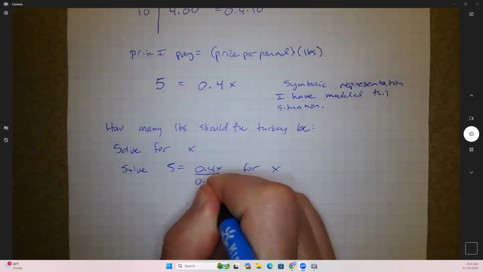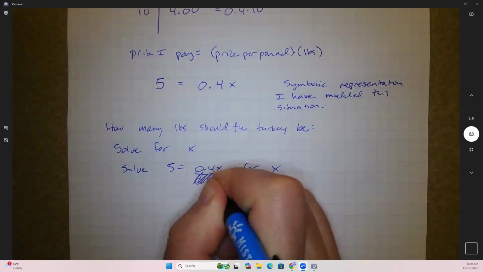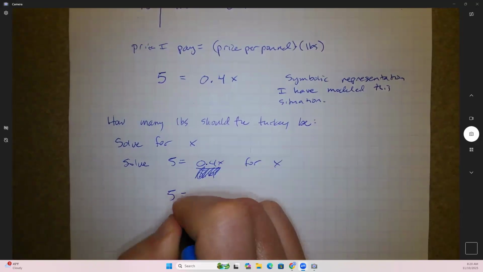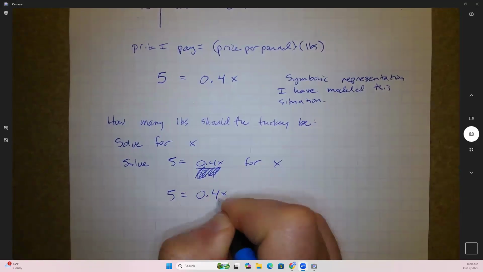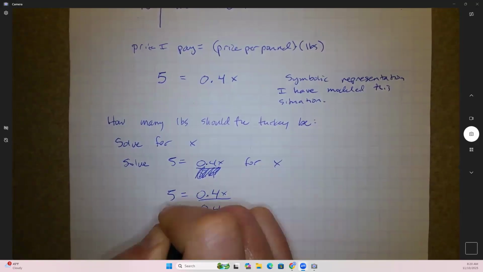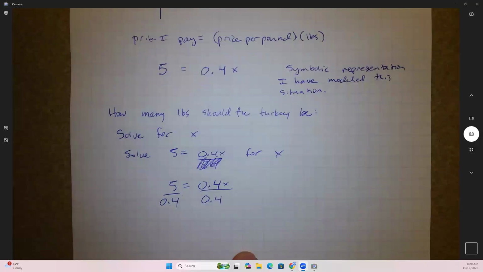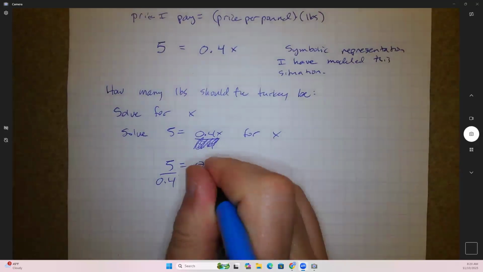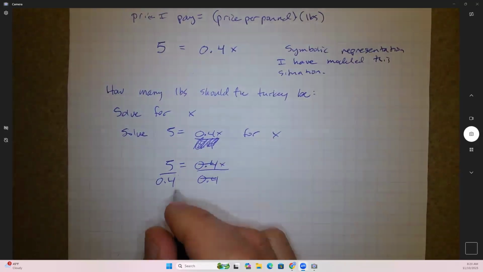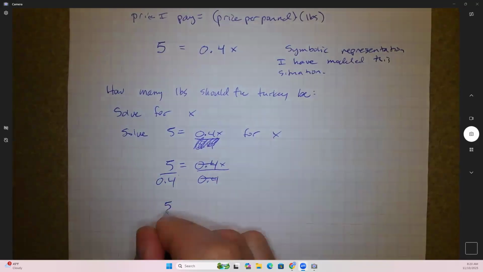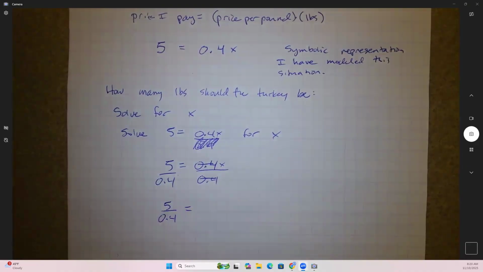So I can divide. Here, let me do that on the next slide. I can divide both sides by that number, which cancels out the 0.4. And then my calculator can tell me what 5 divided by 0.4 is. It's Monday. I haven't woken up my arithmetic brain yet. 12.5.